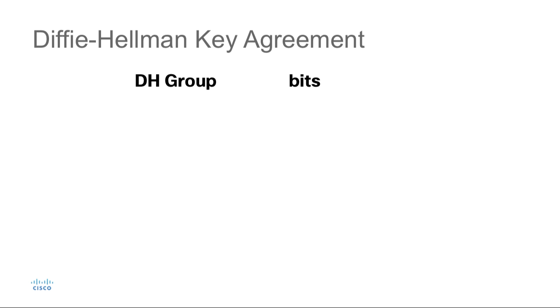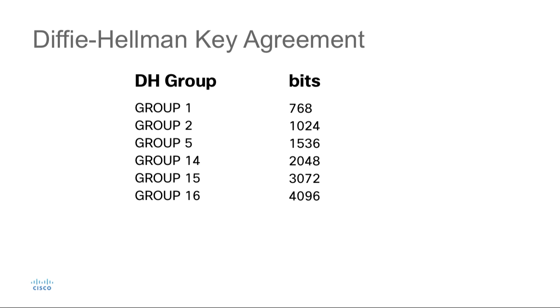The higher the group, the more bits we use in calculating the key. So, in Diffie-Hellman group 1, we have 768 bits that we're going to use to compute the key. Diffie-Hellman group 2, 1024, Diffie-Hellman group 5, 1536, and with 14, 15, and 16, you can see how those bit values are increasing there as well.